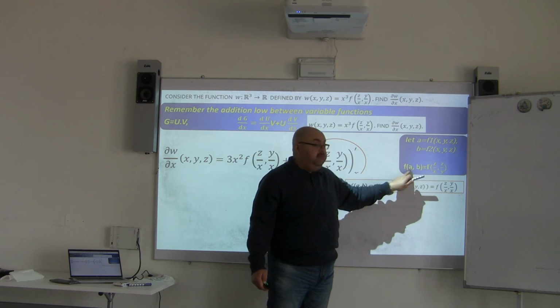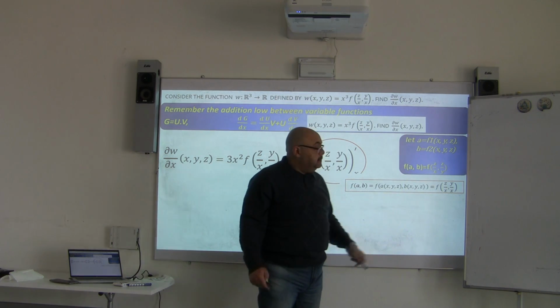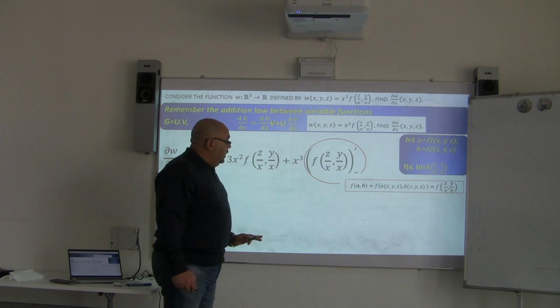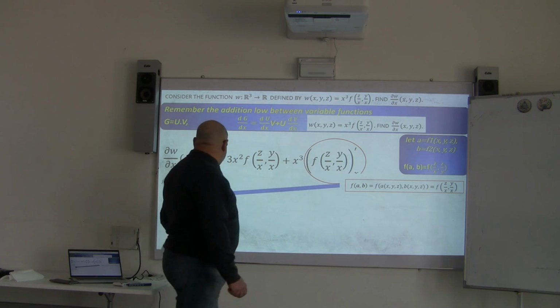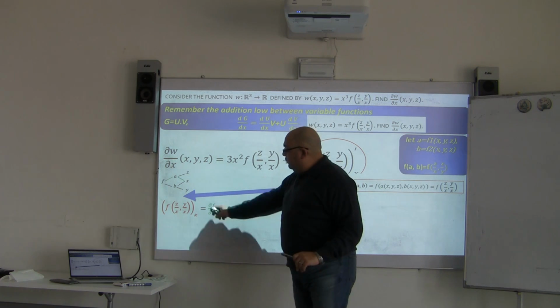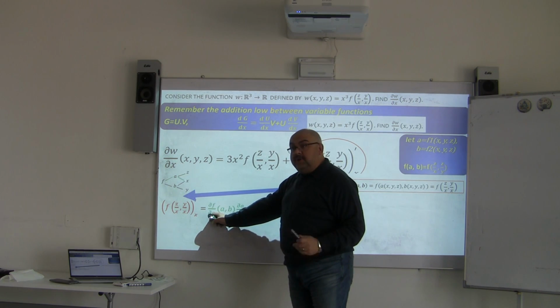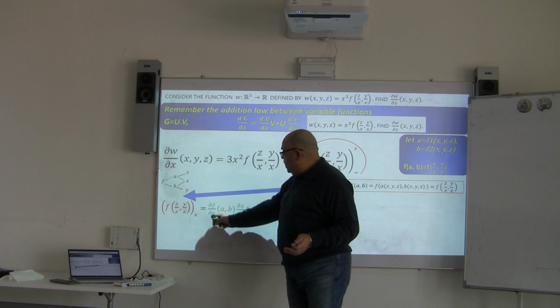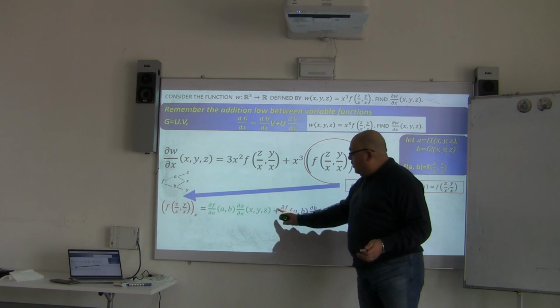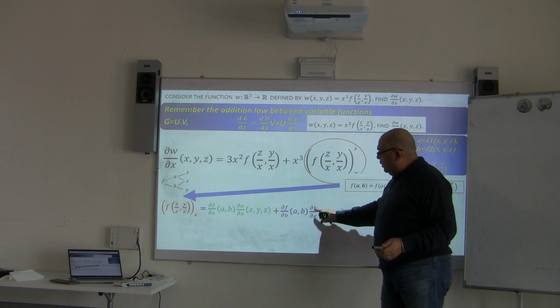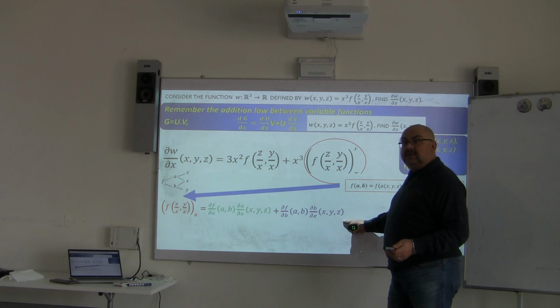Now I'm getting f of a and b. I will do exactly the same steps, considering this function. So I will differentiate first with respect to a, or with respect to u, as you can see, times partial a, partial x, and then differentiating f with respect to b, times partial b, partial x, as you can see.